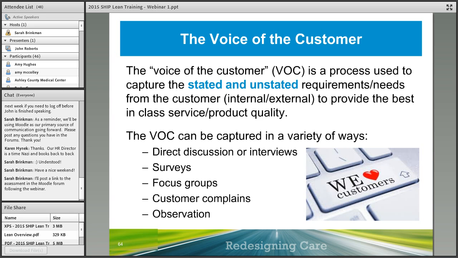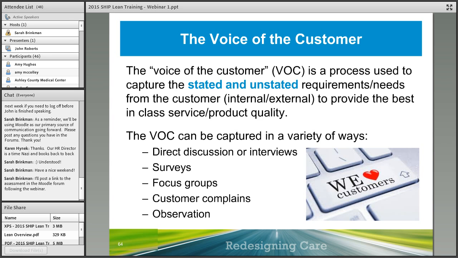I think HCAHPS gives us some indication of that patient satisfaction, but HCAHPS, for me at least, in looking at lean and lean thinking, is like driving a car looking in the rearview mirror. You're looking at what happened 6 months ago, a year ago, and that's really not telling you what's happening now with your patients and their satisfaction right now.